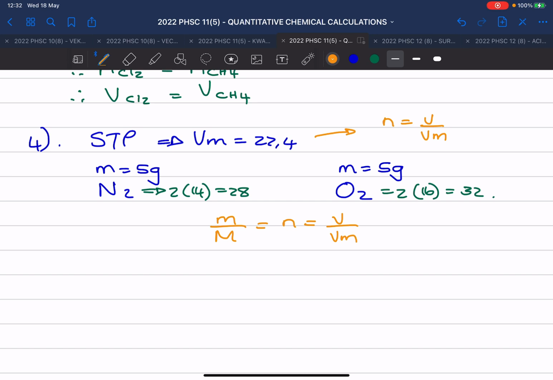You can do it in 2 steps or 1 step. You can either first calculate the mole and then calculate the volume, or since they are equal to one another, you could have just rearranged it and said volume is mass times molar volume over molar mass. So I just rearranged it.